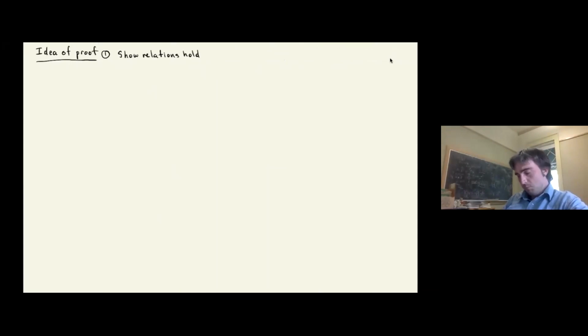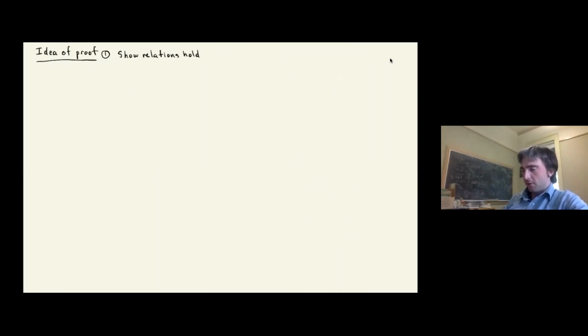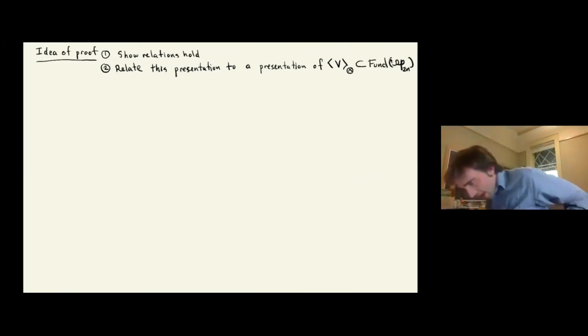The first thing that we want to do, which doesn't use this crossing but uses something about the braiding, is to show that the relations hold. So let's just suppose that that's fine. After that, the important thing to do is to relate this presentation to some other category that we understand better.